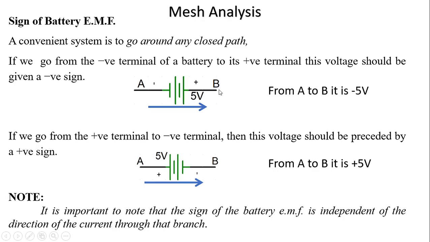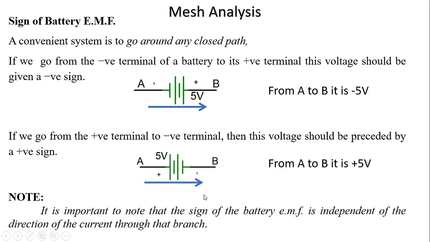But when you're going from B to A, it should be considered as plus, right? Similarly, if we go from the positive terminal to the negative terminal, then this voltage should be considered as positive. So A to B, the first terminal that you come across is plus. So from A to B is plus 5 volts.